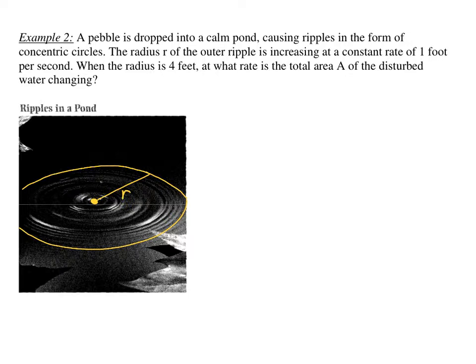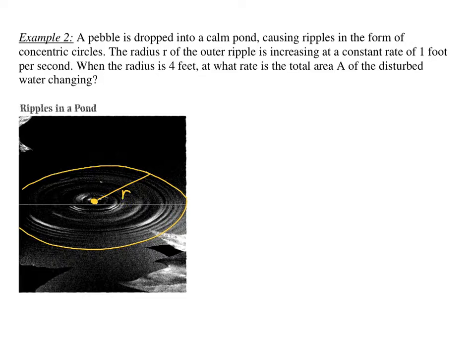This may seem silly, but you could do the same thing if you were talking about the shock wave from a bomb dropping, or an earthquake happening, or the spread of a disease from wherever it originated, or even the police setting out a perimeter trying to capture someone who's running away. What we're going to find here is the rate of change in area. At what rate is the total area of the disturbed water changing?